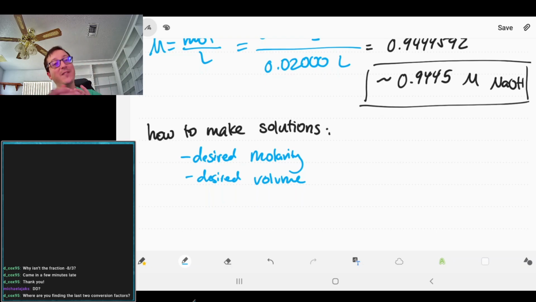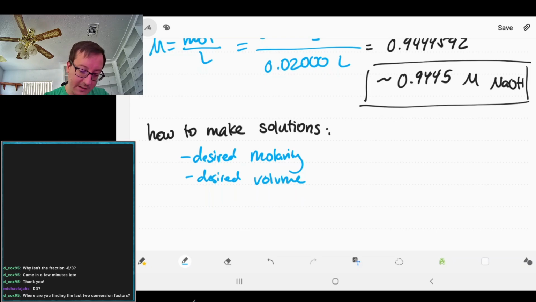So you already have this idea in your mind about how much solute, something to dissolve, you're going to put into your solution to get the exact volume. If you're at Starbucks and you get a tall, you're going to need less sugar than if you got a venti, right? Because the volumes are different, so you're going to need more solute to get your desired concentration.